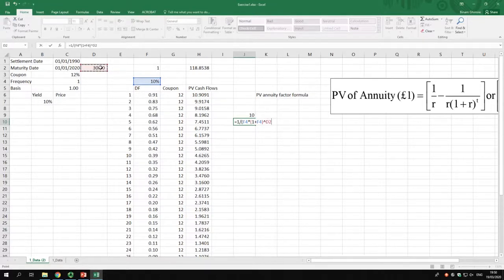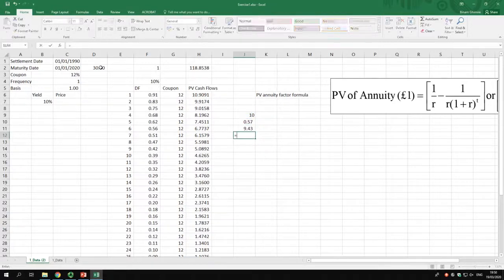So 1 over r, which is this 10%, times (1 plus r) to the power t, close bracket. Now 1 over r minus the other gives you this 9.43.